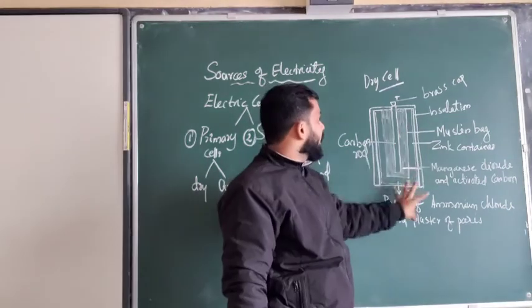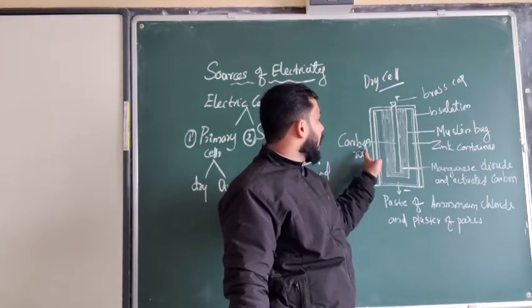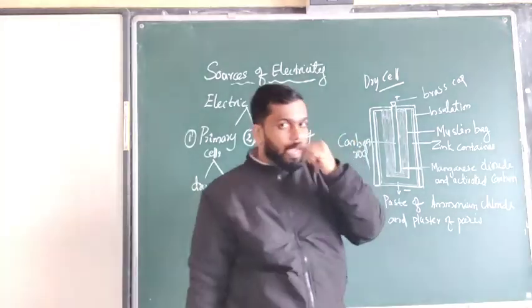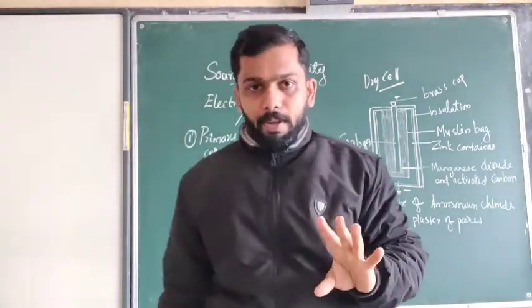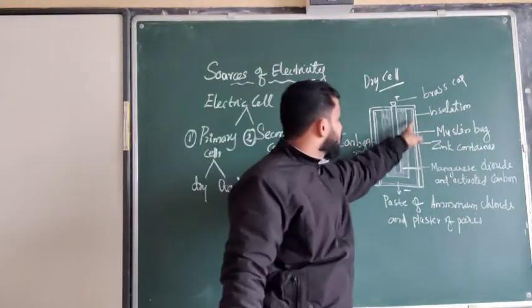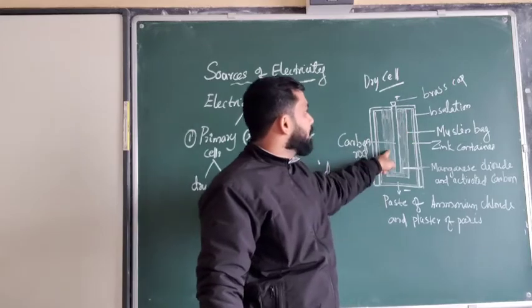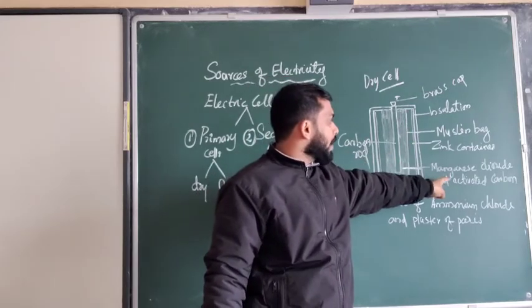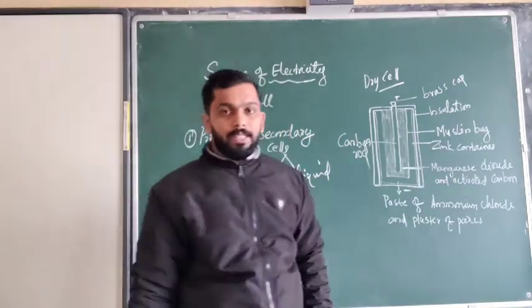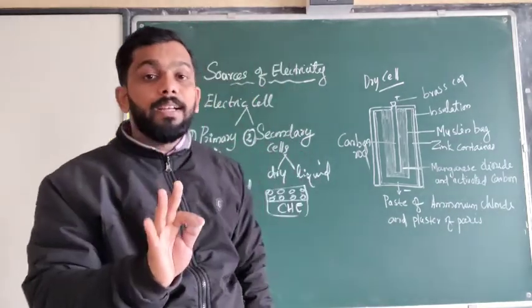Okay, so in the middle of the zinc container there is a carbon rod. On the top of the carbon rod there is a brass cap. Now around the carbon rod you can see a small muslin bag. Inside the muslin bag, manganese dioxide and activated carbon are set.